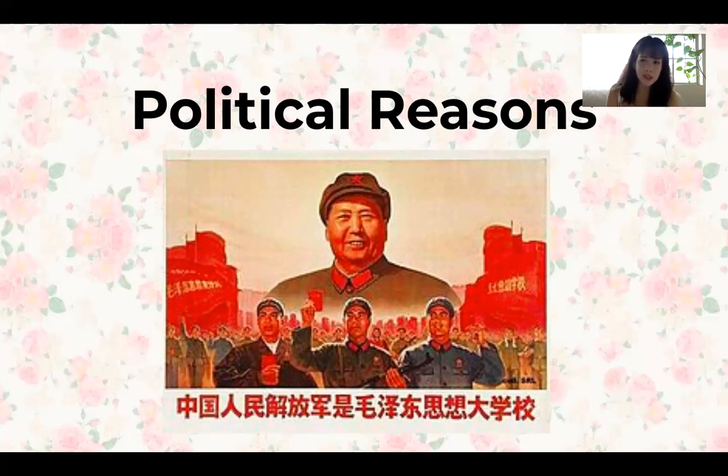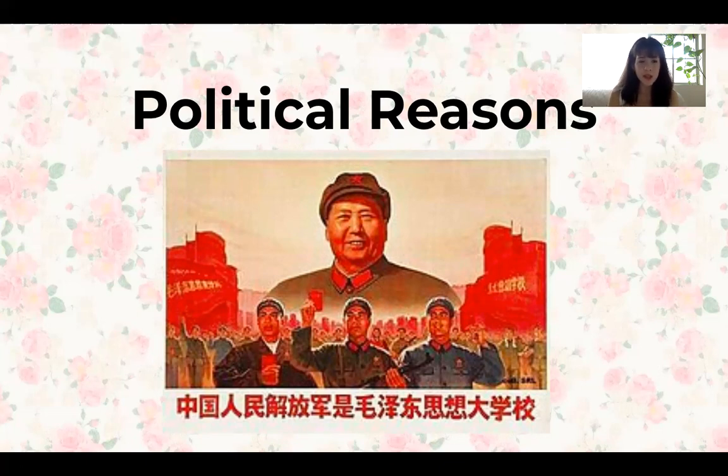And during this revolution came the intentional destruction of traditional Chinese culture. I mean, temples were burned, so many historical treasures were just destroyed.